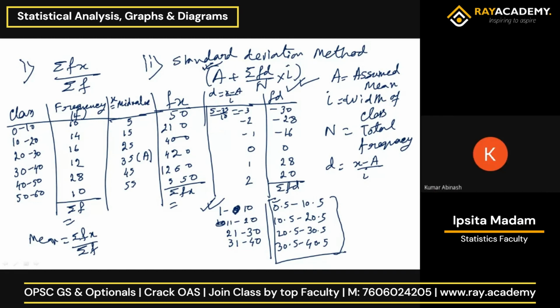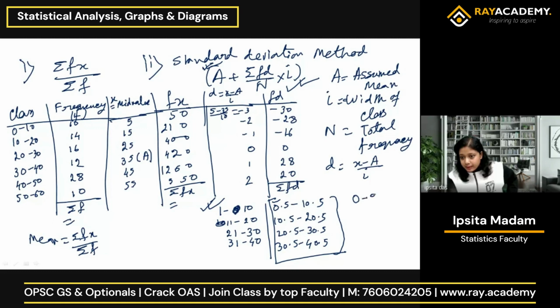And suppose you have 0 to 9, 10 to 19, 20 to 29. This is also discrete. You take minus 0.5 to 9.5, 9.5 to 19.5. Clearly understood?